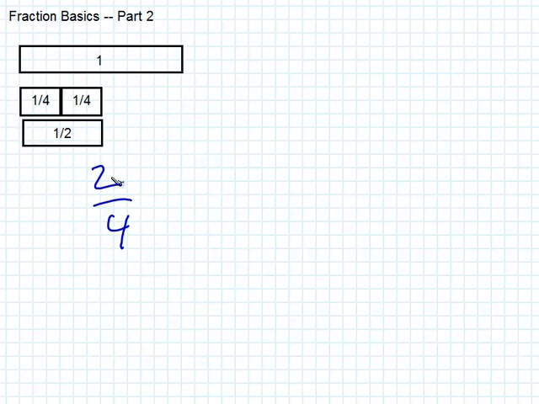Now, in terms of the arithmetic here, you can recognize that, because look at this numerator and denominator. You can divide both of them by the same thing. So if I divide top and bottom both by 2, 2 divided by 2 is 1, 4 divided by 2 is 2, and so 2/4 reduces to 1/2. Let's put on another fourth here, and this would be 3/4.